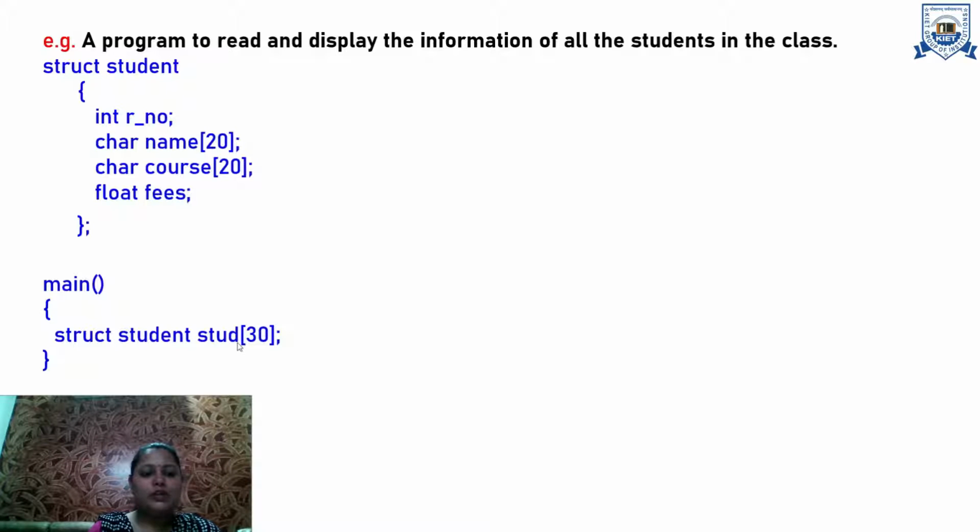I am calling it using a variable stud, and with this stud I have defined an array of size 30. Within this 30 I can store the information of 30 students or fewer than 30, that depends on me. So if you are calling it using a variable, you have to define an array with that variable that you have used for your structure.